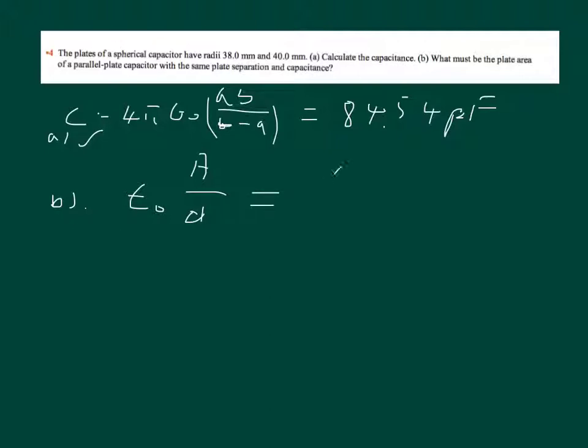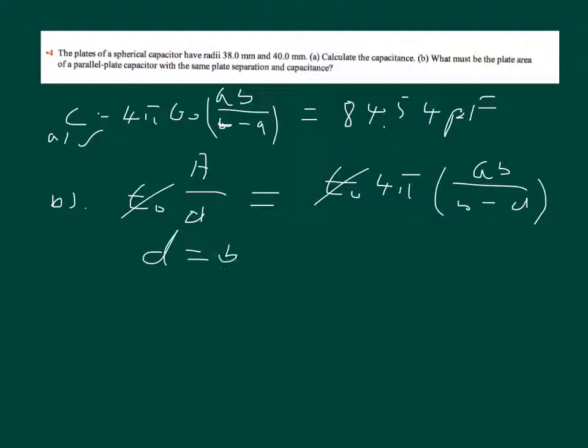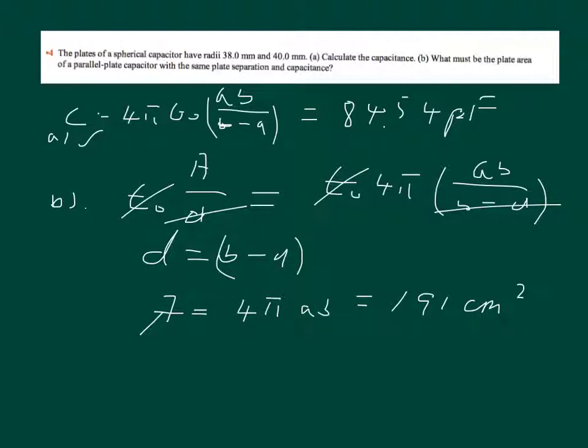That equals epsilon naught times 4 pi AB divided by B minus A. And as you can see, epsilon naught cancels, and since D simply equals B minus A, D and B minus A also cancel. So the area is simply 4 pi times AB, which is 191 centimeters squared.